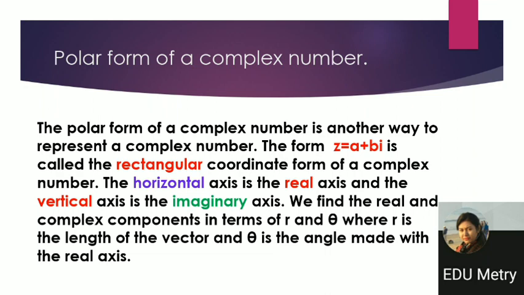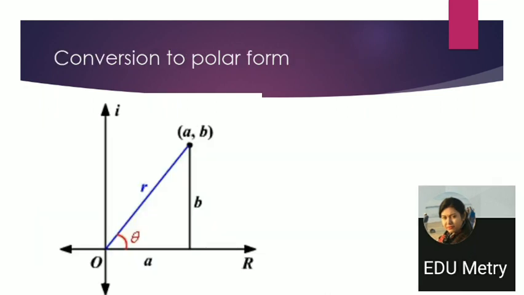As you can see, you have the representation in a diagrammatic way where the real axis is R and the imaginary axis is given by I. The point is at a distance r from the origin. The point has coordinates a comma b, where the horizontal distance is a and the vertical is b.